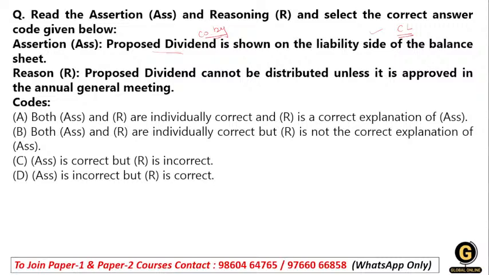So this dividend is considered outside the current liabilities, but you have to write it on the liability side of the balance sheet. So this is true, but if the question specifically mentions that you have to write it under current liabilities, then in that condition it will be wrong. So you have to evaluate the question like this.